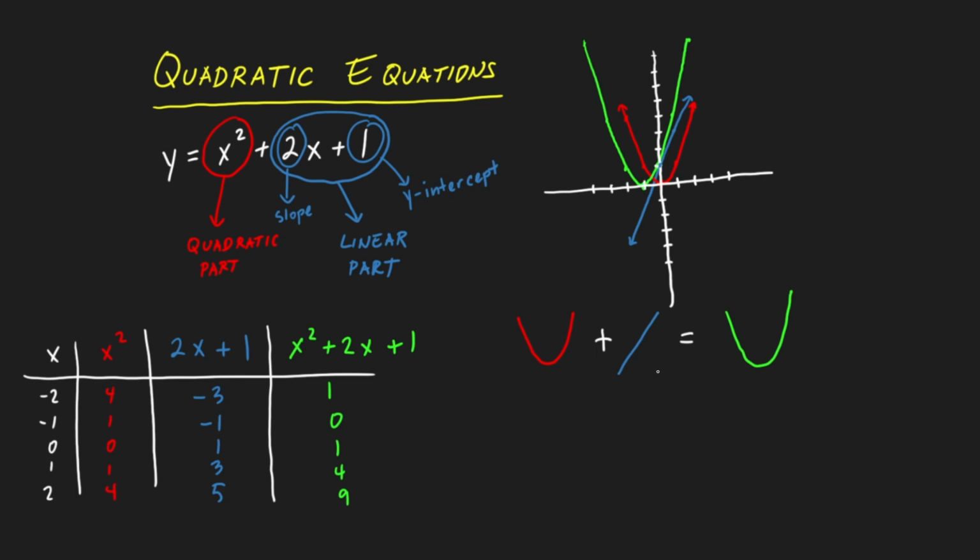The green parabola is just the red parabola shifted to the left. So that is what the line does. This line shifts the parabola. That's my point exactly. When you have a line added to a parabola, it just gives you another parabola but shifted to another position. That's it.